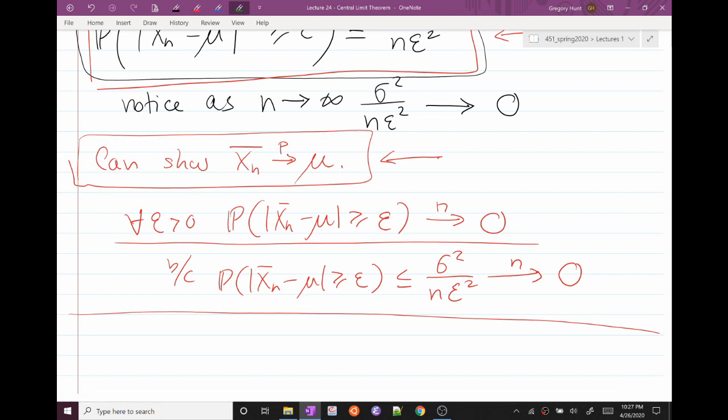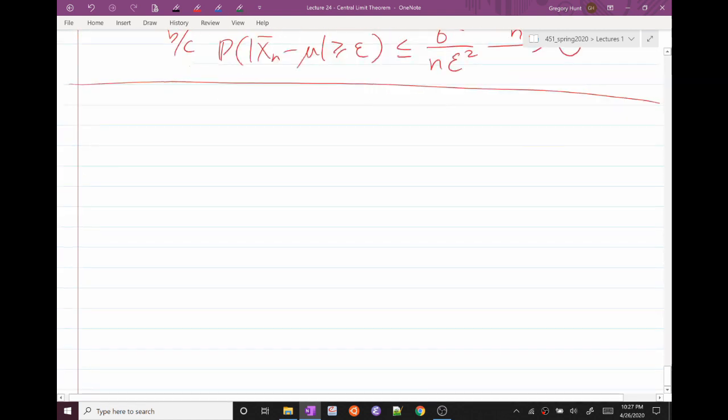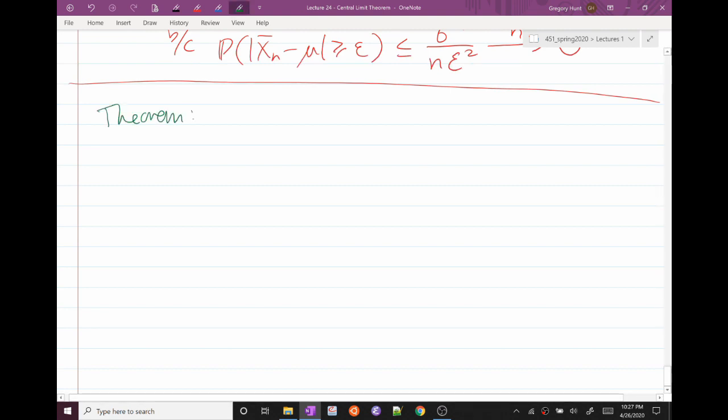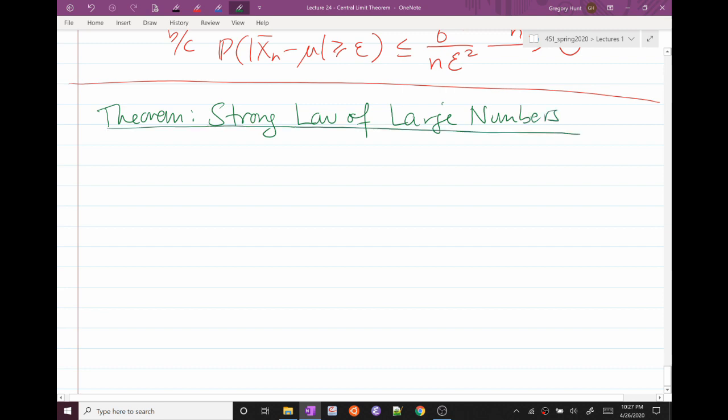So you can actually go forward and prove it now. There's also the so-called strong law of large numbers, often abbreviated SLLN. We're going to write that down, and we're not going to prove it. This says pretty much what you would think.